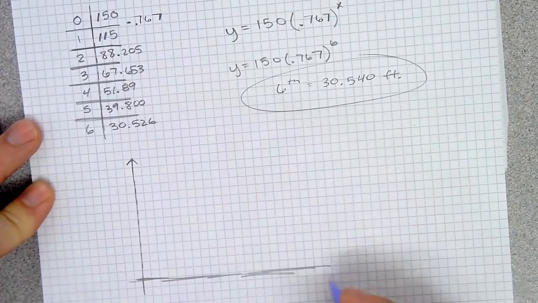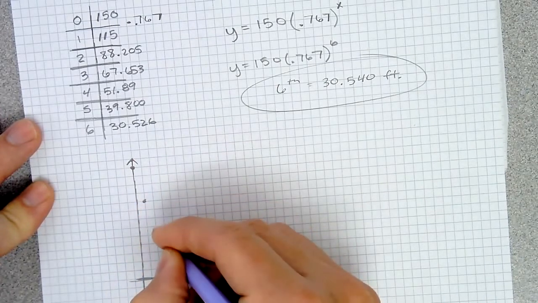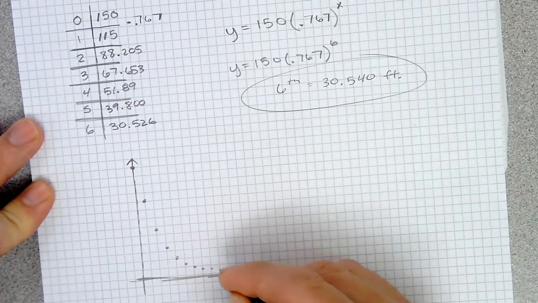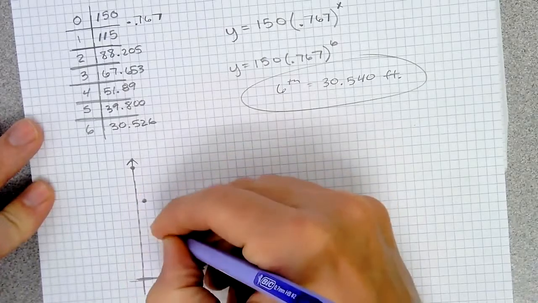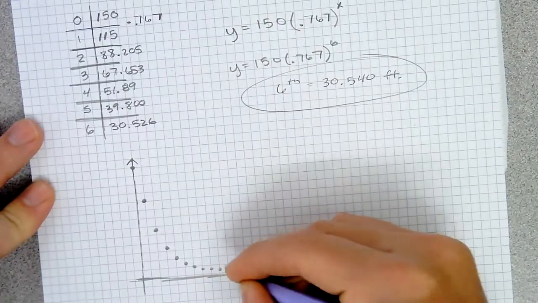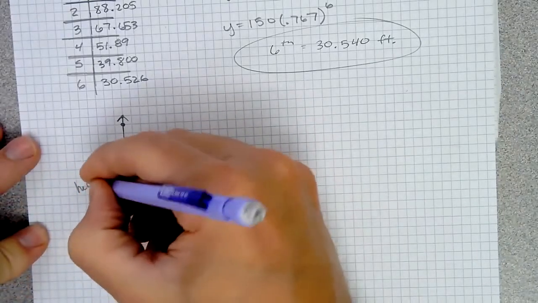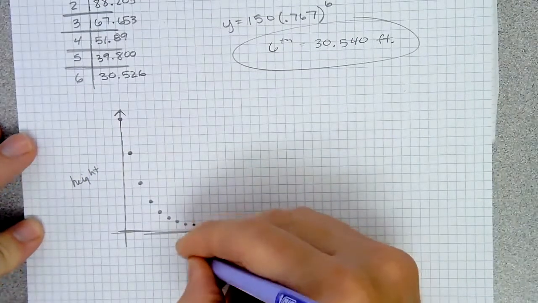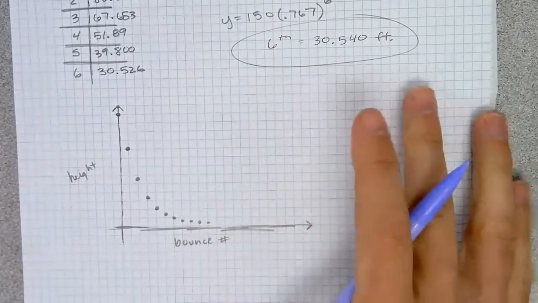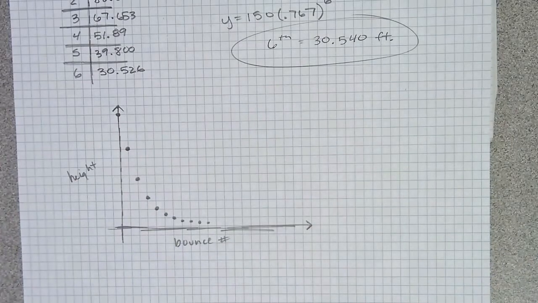Okay, real quick, I want to sketch that graph and talk about a couple things. Okay, so we'd get a graph that looks like this, where we have our height as our y-axis and our bounce number as our x-axis.